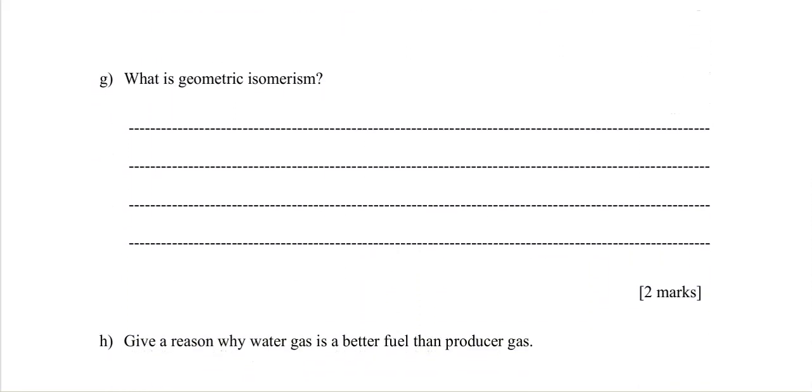The next question says, what is geometric isomerism? Geometric isomerism is the existence of two or more compounds.